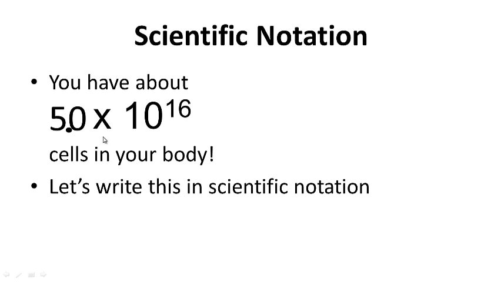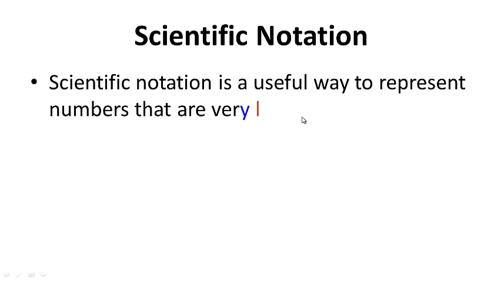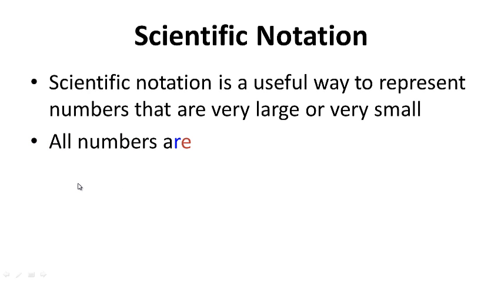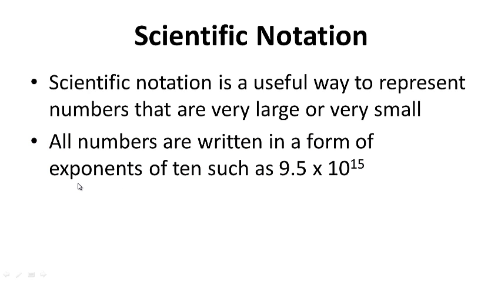Okay, so in science we use a lot of big numbers and small numbers. Scientific notation just helps us simplify those numbers. So scientific notation is a useful way to represent numbers that are very large or very small. Okay, all numbers are written in a form of exponents of 10, such as 9.5 times 10 to the exponent of 15, or in this case, the powers of 15.